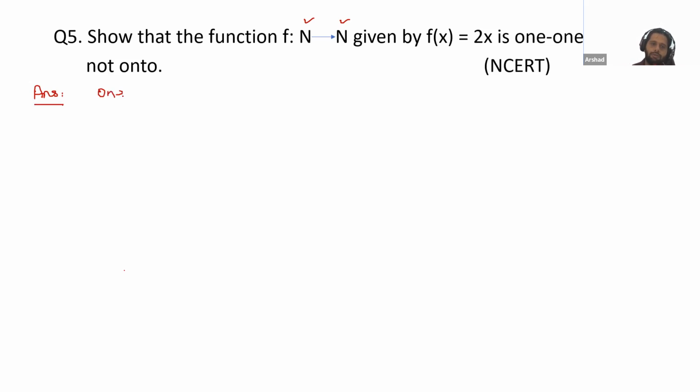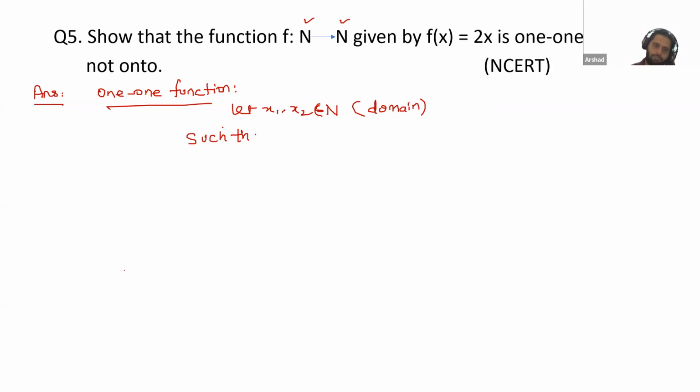Okay, so first is one-one. The same thing which you always do, one-one function. They are saying that this is one-one, so they can take the values. Let x1, x2 belong to the first set, natural numbers, the domain, such that f(x1) is equal to f(x2).